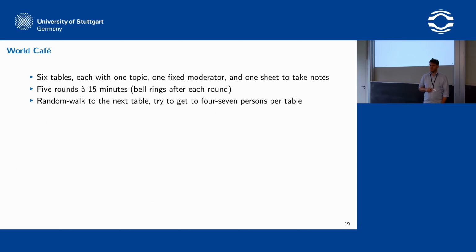You just go to the next table, and if we split evenly, it should be something like 4 to 7 persons per table. If there are already 10, then maybe go to a different table. If you see a table where there's nobody, go to that table. Normally this works out in a chaotic but smooth way.